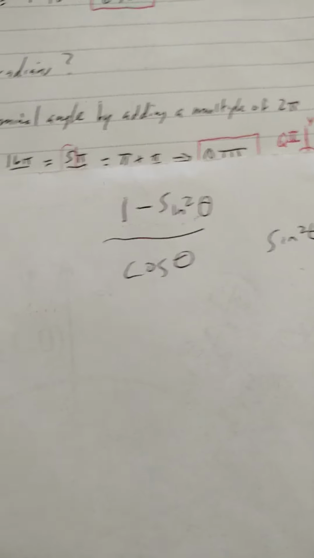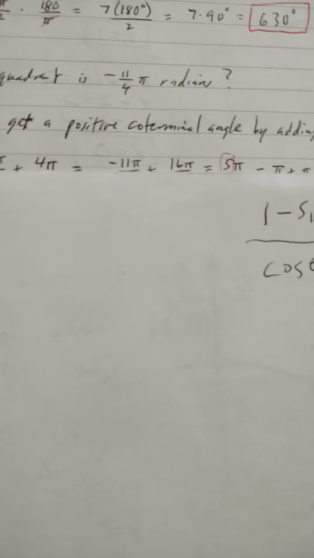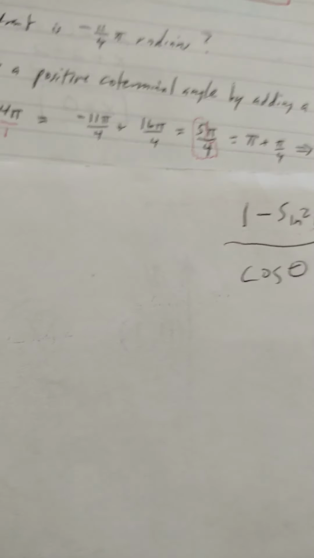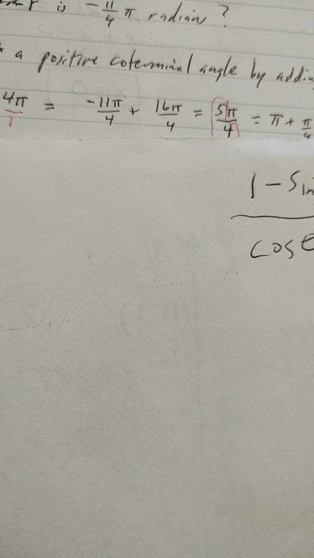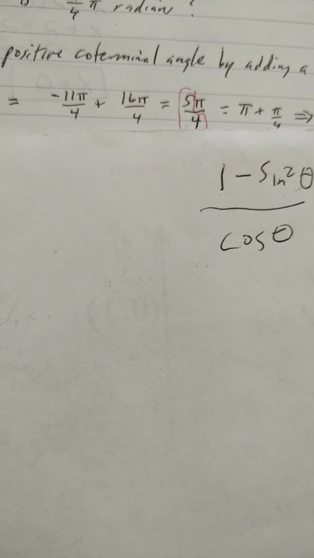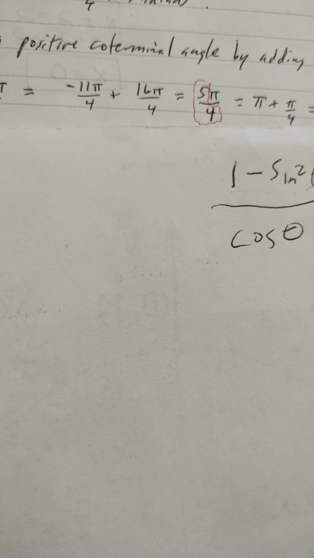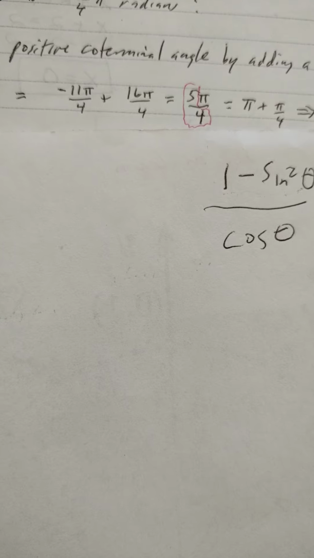So let's see what I wrote here. Let's get a positive coterminal angle by adding a multiple of 2 pi. And again, I did 4 pi. 2 pi plus 2 pi is 4 pi. And when you get a common denominator of 4 and add those fractions, you're going to get 5 pi over 4. Notice that is a positive angle, so it's easier to deal with, and it's in the interval 0 to 2 pi.